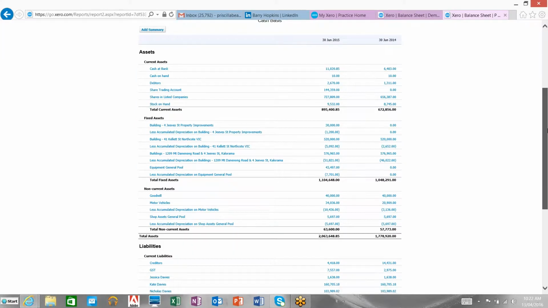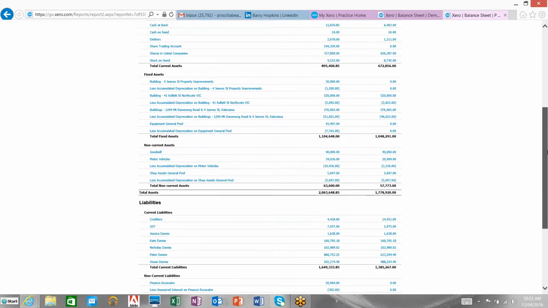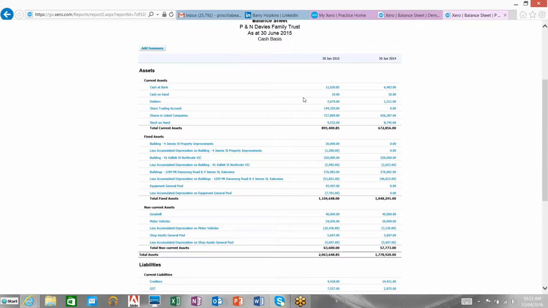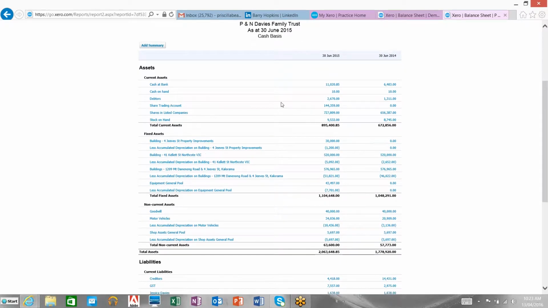Now, here we can see brackets and all that, and they all appear to be on one side, debit, credit, so it's very hard to read this, but this is where we start to learn how to read this. Now, assets are always debit, including cash at bank, cash on hand, debtors, trading account, whatever it is, other assets the business has. Stock on hand.